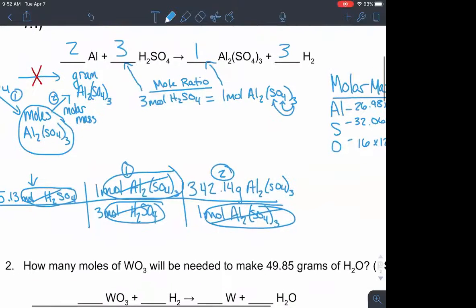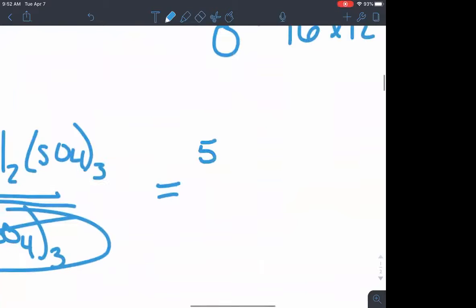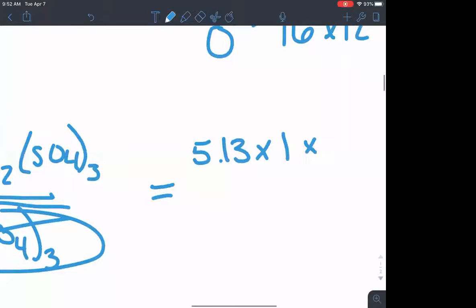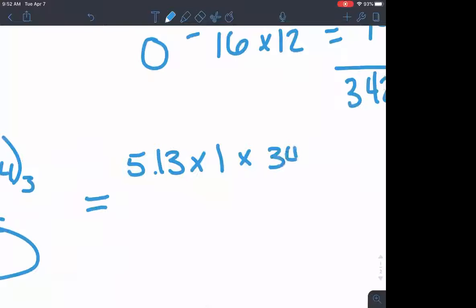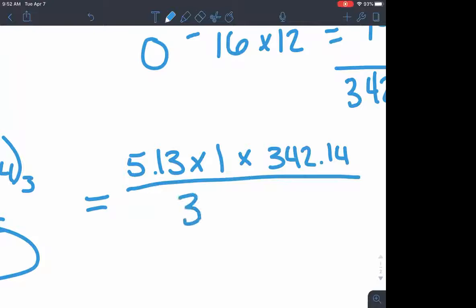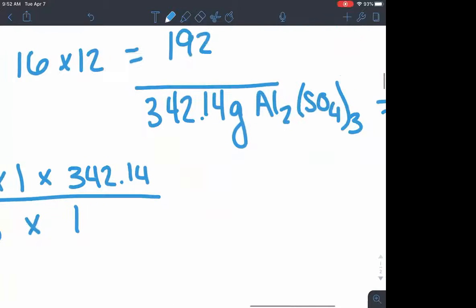So now our last step here is going to be to multiply everything on top together and multiply everything on the bottom together. So we're going to do 5.13 times 1 times 342.14, and it's all going to be divided by the bottom, which was 3 times 1.